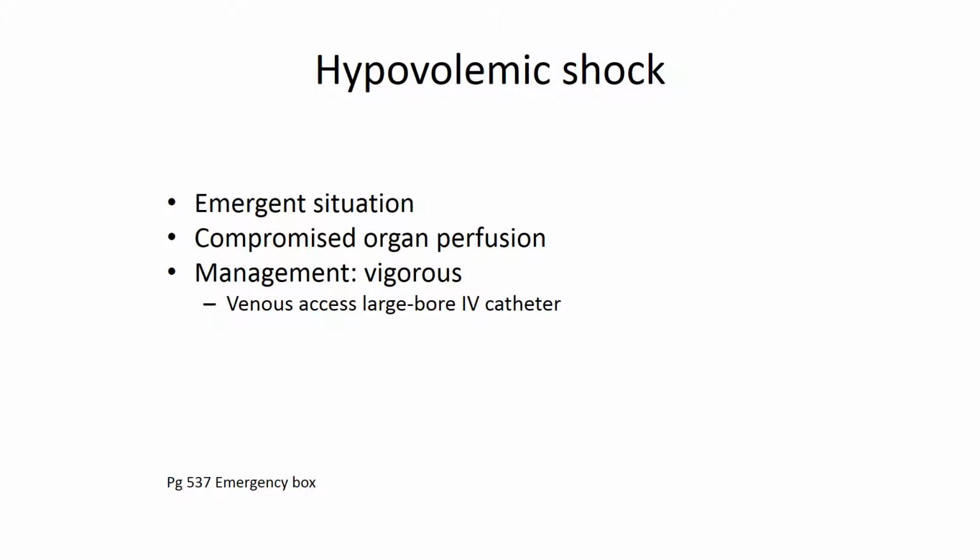With hemorrhage, we should probably talk about hypovolemic shock. It is always an emergent situation in which the body organs are severely compromised. Vessels constrict to divert available blood to the brain and the heart.